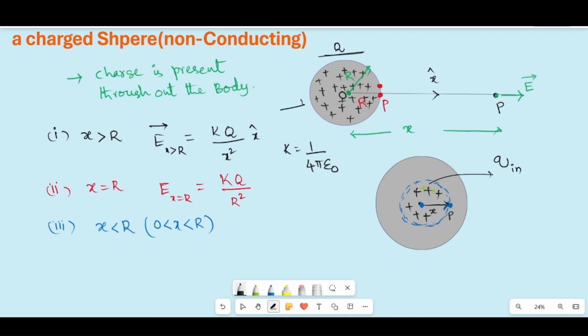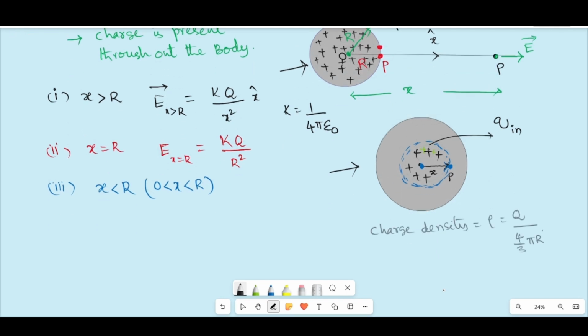Whether you take the first case or this case, the charge density rho is the same. Charge density of the given sphere rho is equal to q by volume, that is 4 by 3 pi r cube. What is the charge density of this part which has radius x? The charge density will be the same.